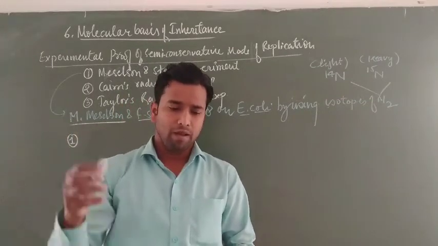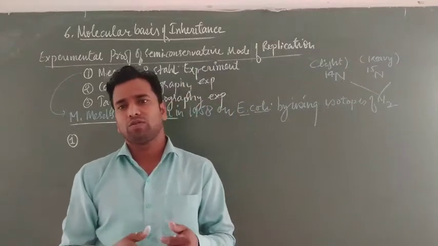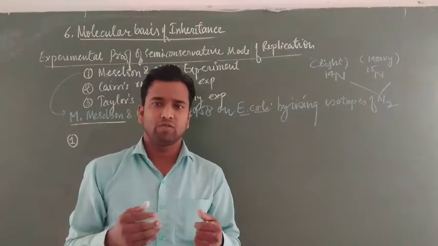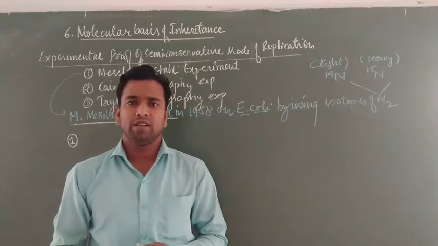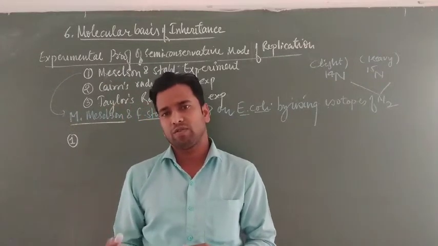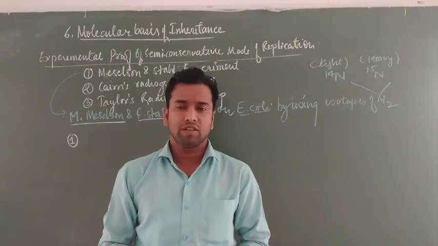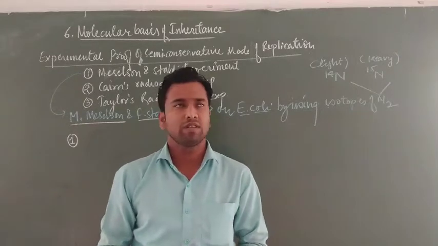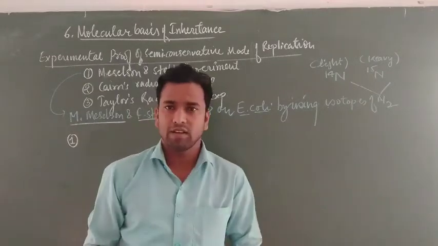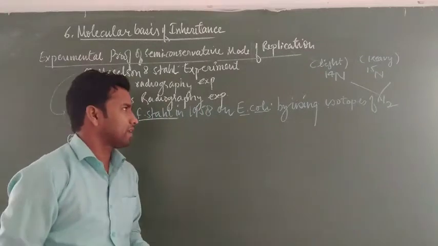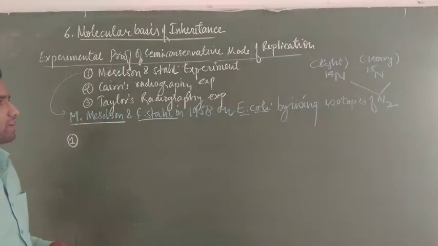And if any bacterium is cultured 2, 3, 4 times in a medium containing nitrogen isotopes, then the genetic material and nitrogen of the body of the bacteria get labeled with the nitrogen isotopes. So separately they cultured E. coli in heavy as well as light nitrogen for 14 generations of the bacteria, separately in light as well as in heavy nitrogen.